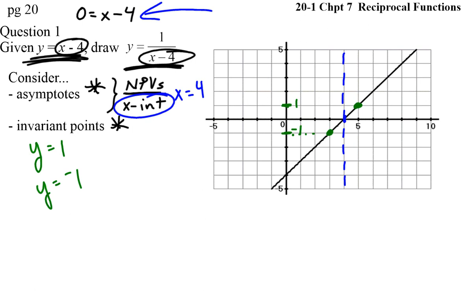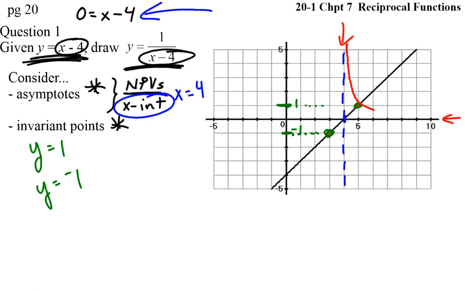So those are the 2 points that my reciprocal has to go through as well. And that has to be the same on my reciprocal. So now I have everything in place. Don't hit your asymptotes. Go through the invariant points.